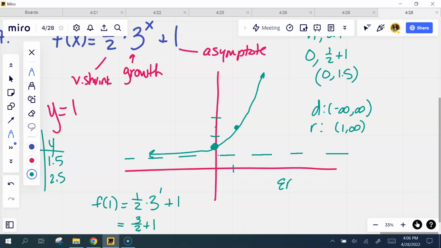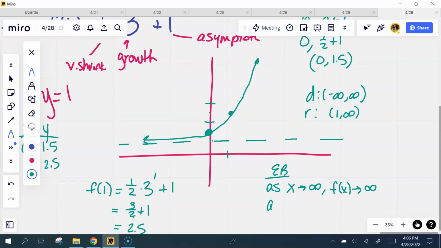In behavior, as x approaches positive infinity, so on the right side, my graph is going up. And then on the left side, my graph, it's not going down, even though it is going down, but this asymptote is bounding it, so it's approaching 1 here.